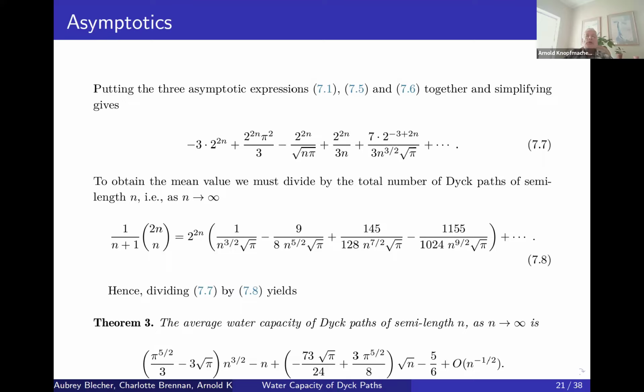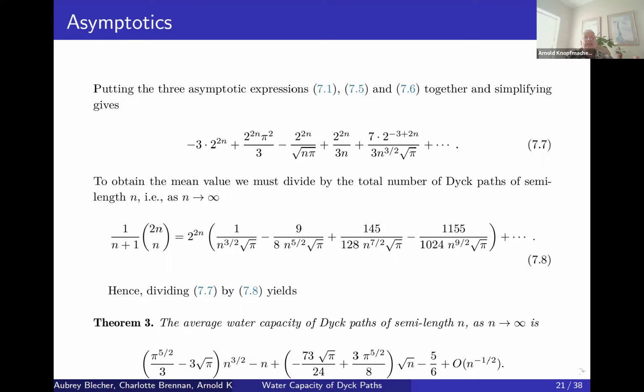And now we can head to what we really want, which is what is the average capacity of a Dyck path? In other words, what is the mean value? And that means we must divide the top quantity, which is the total, by the total number of Dyck paths. Okay, again, a job for Stirling's formula or computer algebra. We want to know, as n tends to infinity, what is the behavior of 2n choose n times 1 over n plus 1.